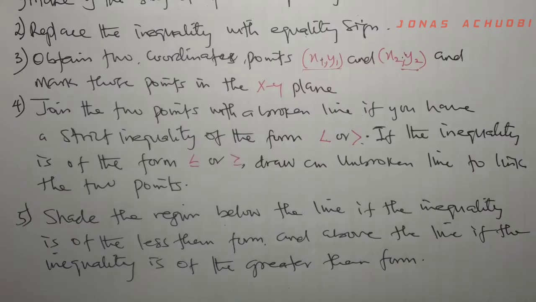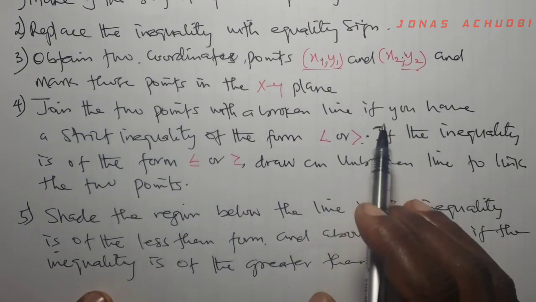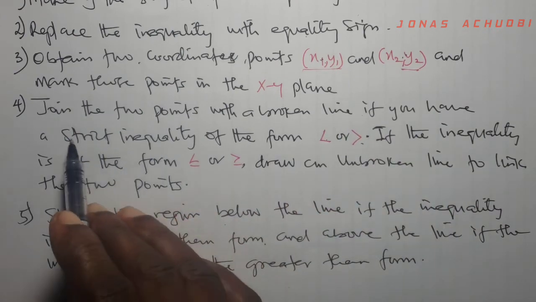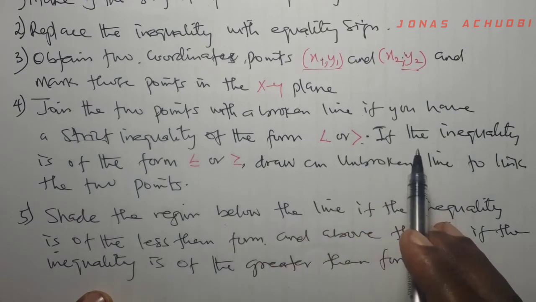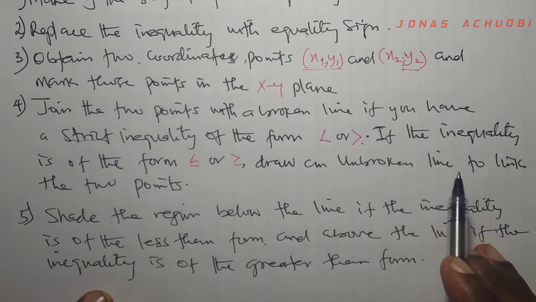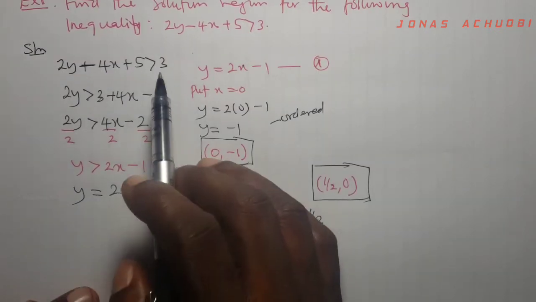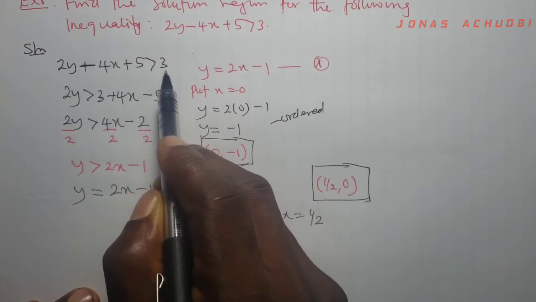What is the next step? The next step says we should join the 2 points which we have just marked with a broken line if our inequality is strict, and we should join the 2 points with an unbroken line if our inequality is not strict. So let us go and see. In the problem given to us, our inequality is greater than, and this is a strict inequality.